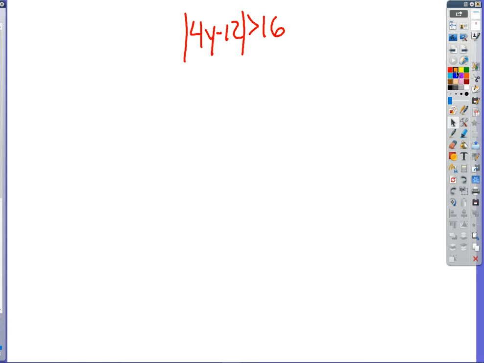I couldn't hear you. 4y minus 12 is greater than 16. Okay, what will go in negative land? What will go in negative land, Miss Wallace? There you go. Perfect.